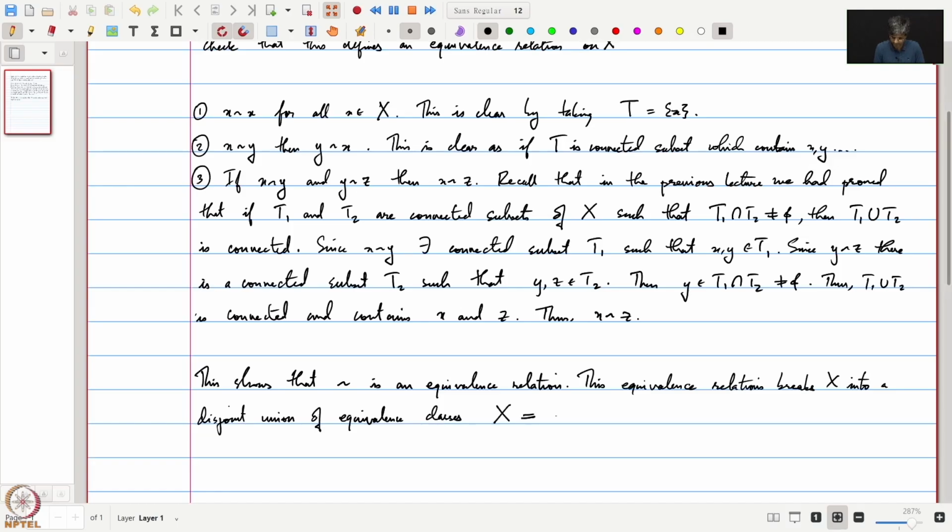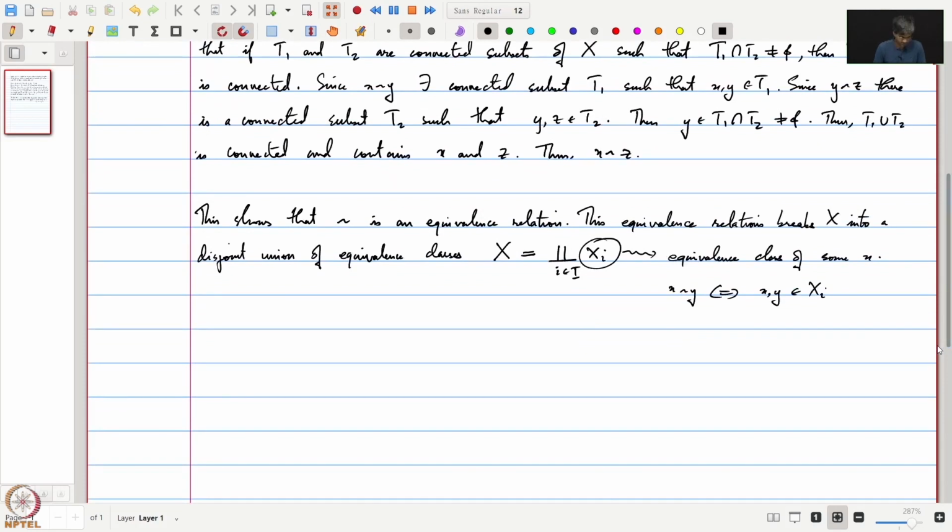We can write X as a disjoint union of Xi's, where i is in some index set I, and each Xi is the equivalence class of some x. And x is equivalent to y if and only if x, y belong to the same Xi.